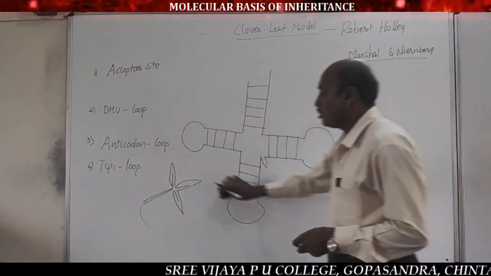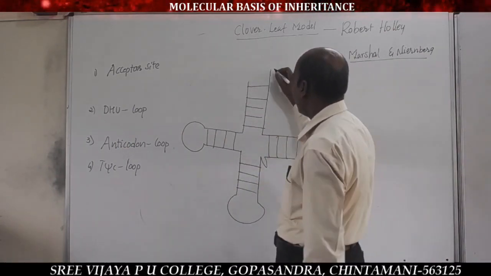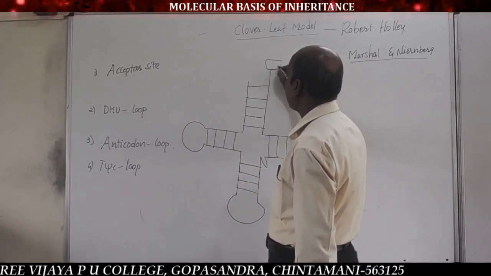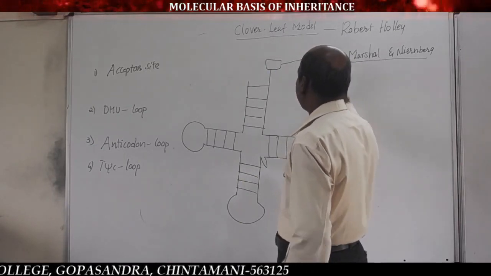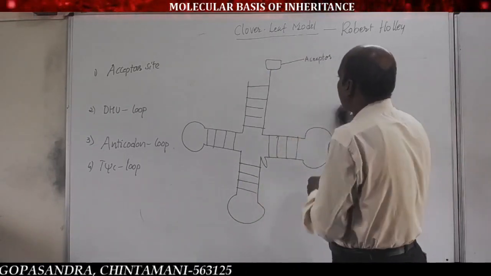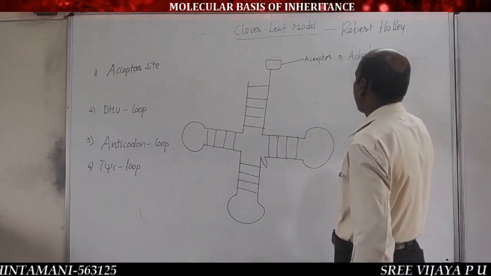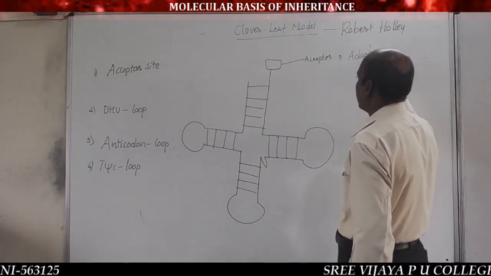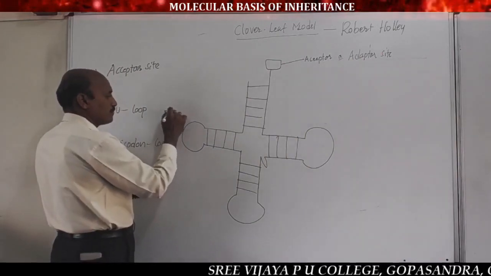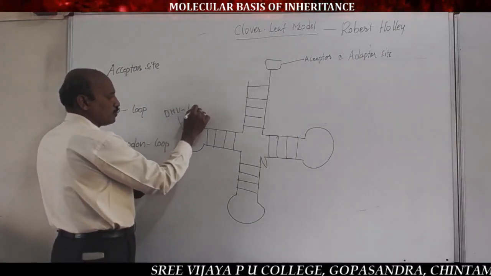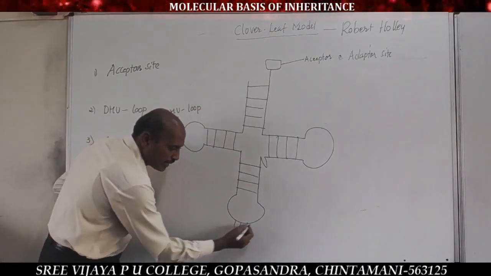So the clover leaf model of tRNA according to Robert Holley consists of 4 parts: the acceptor site, also called the adapter site. Next is the DHU loop. Next is the anticodon loop.